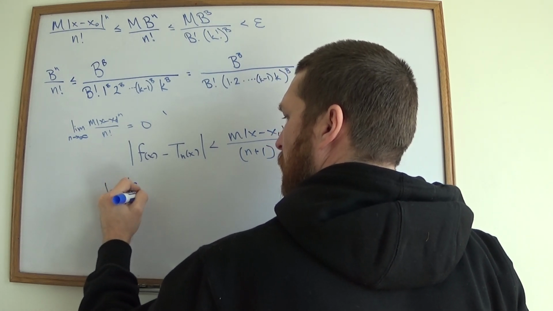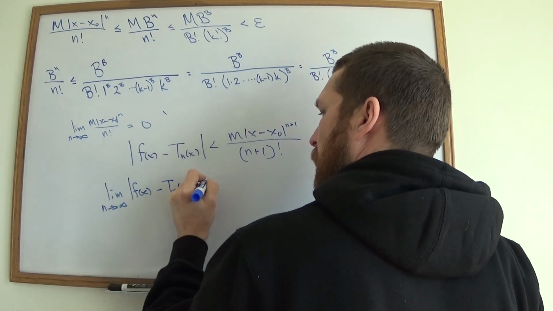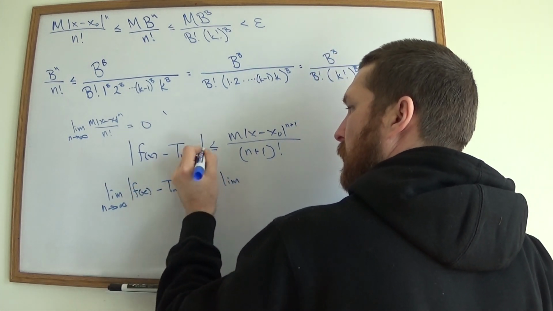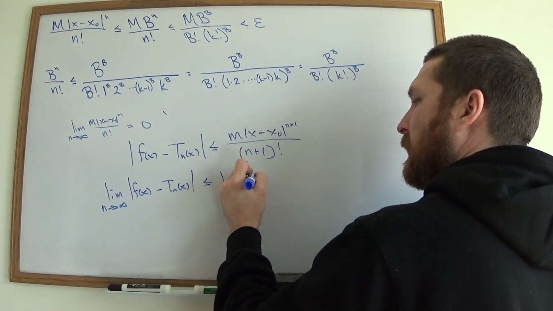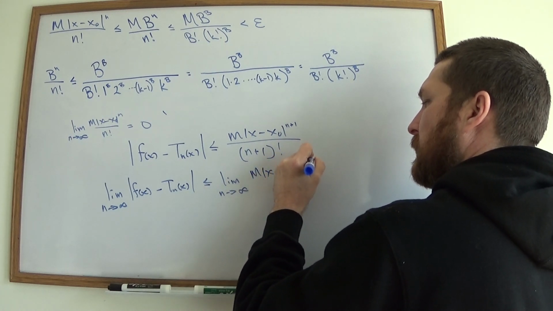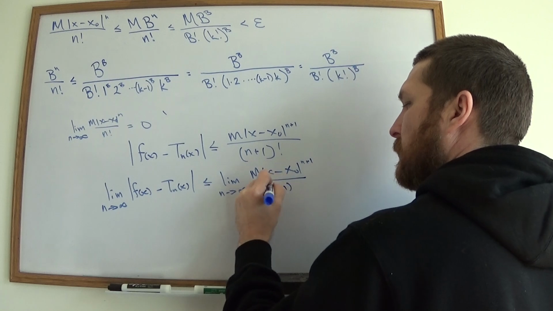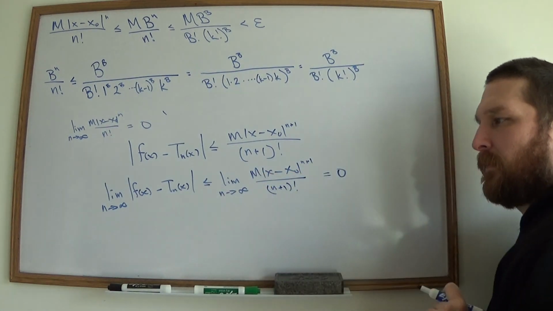the limit as n goes to infinity of this is supposed to be less than or equal to the limit of m times x minus x0 to the n plus 1 over n plus 1 factorial, but that limit is equal to 0.